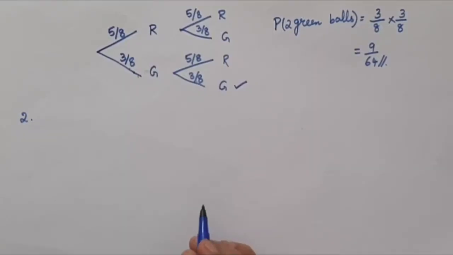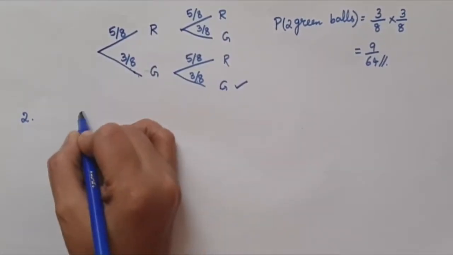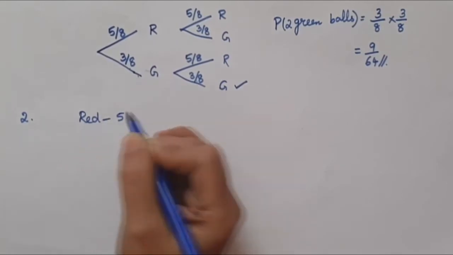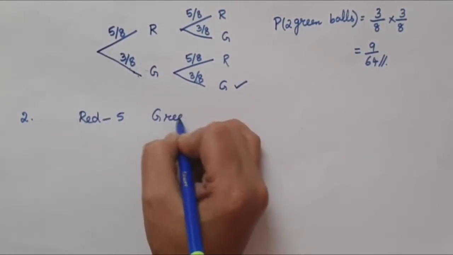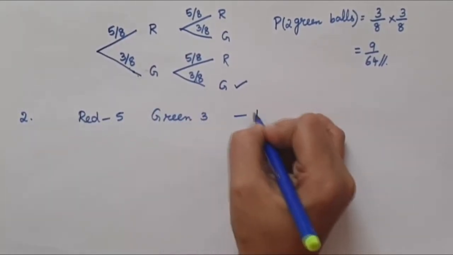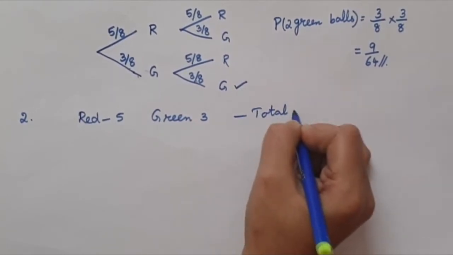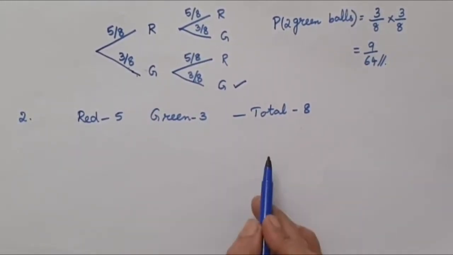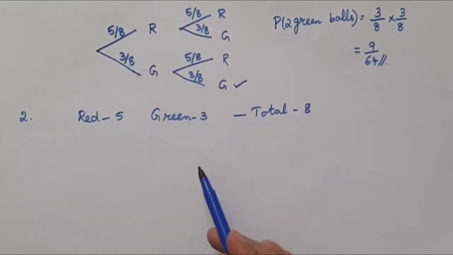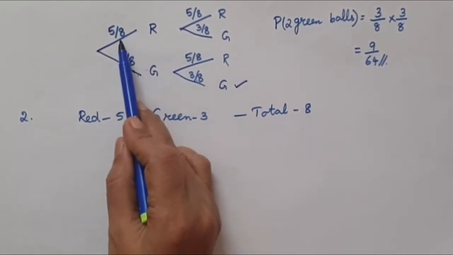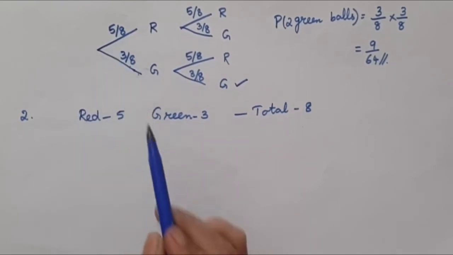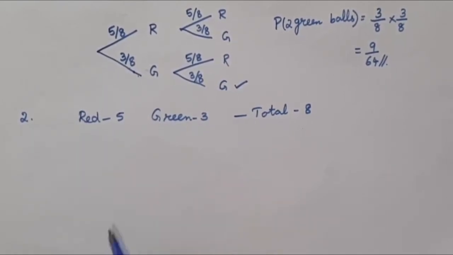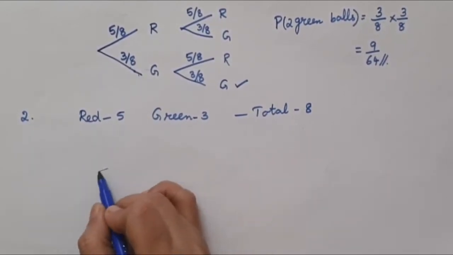Here in this question also, we have red 5 and green is 3. So the total is 8. What is the only difference? The only difference between the first and the second question is that in the first, we choose a ball and replace it back. But here we are not replacing the ball back. That is the only difference.